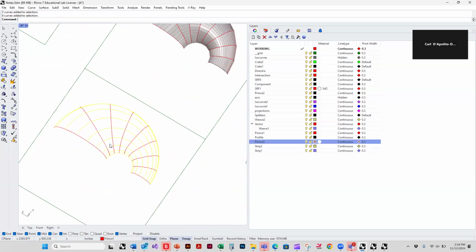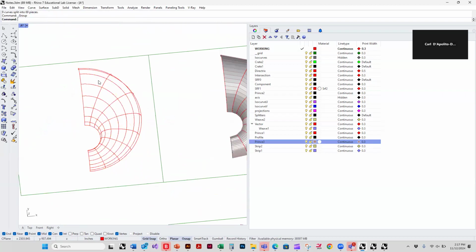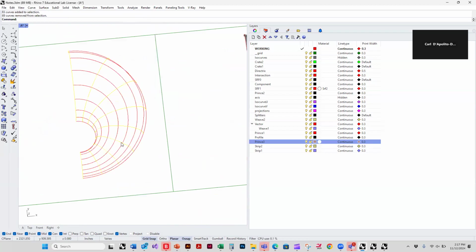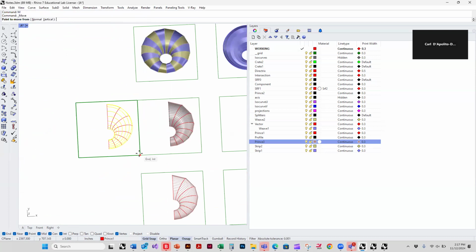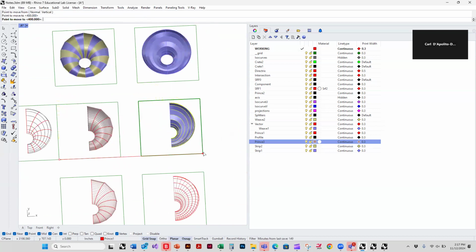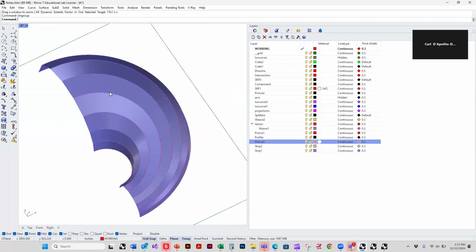Split this with that. Split those with these. And then essentially I can take every other one of these.